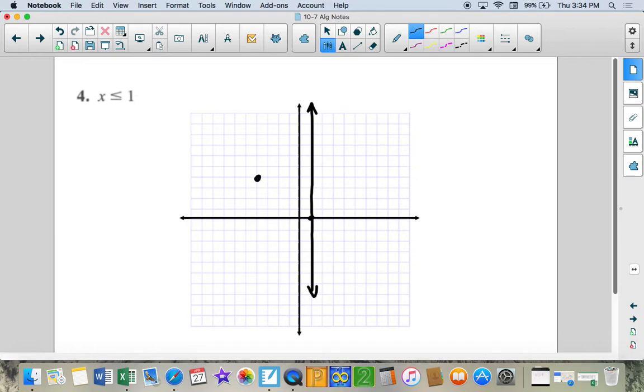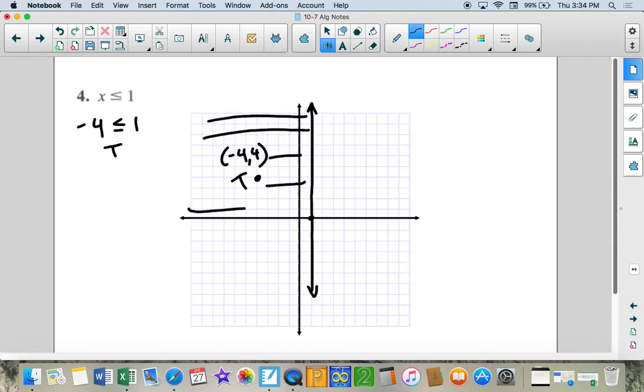Let's test the point -4, 4. What's my x value? -4. Is -4 less than or equal to 1? That's a true value. So since I know that point is true, we know that this is the true side.